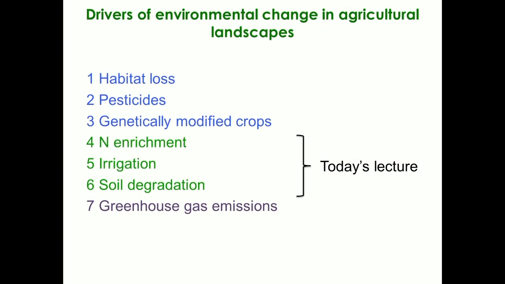So we looked at habitat loss, the effect of pesticides and genetically modified crops. And today I want to touch on nitrogen inputs and pollution, which leads to eutrophication, irrigation that can give rise to salinisation, and soil degradation and erosion.